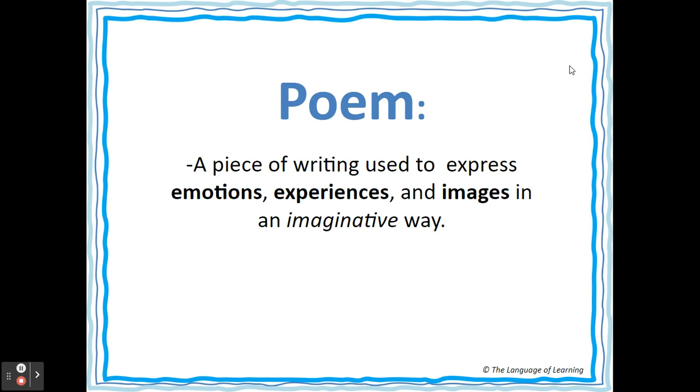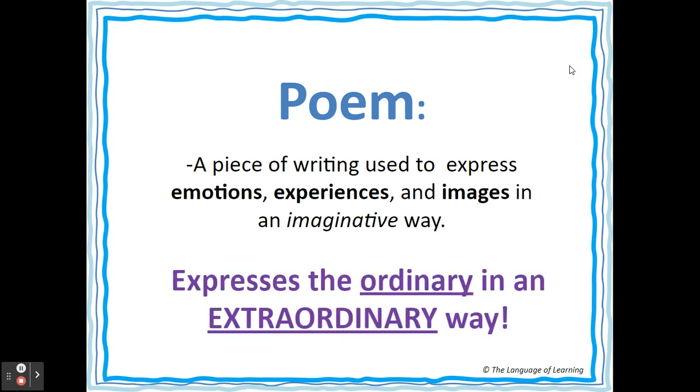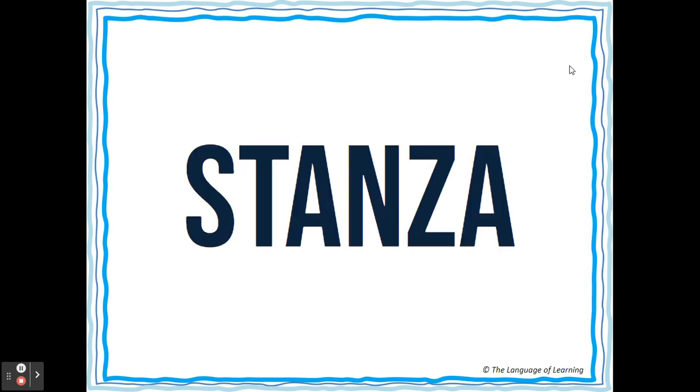A poem is going to say it like your shirt's the color of the night sky. So it's a very imaginative way of saying something. So instead of just saying something ordinary, we're going to go about it in an extraordinary way.